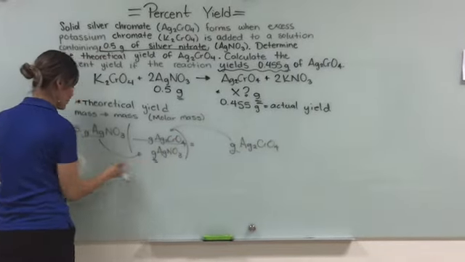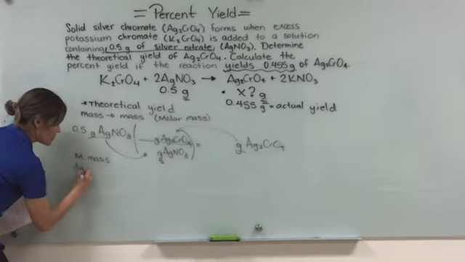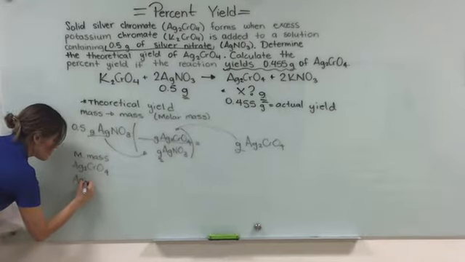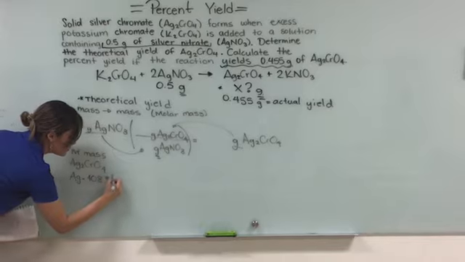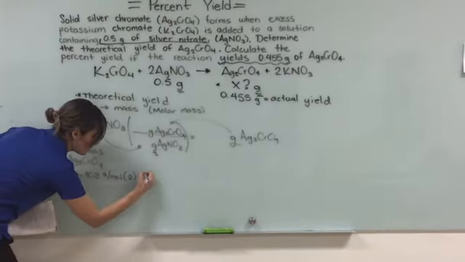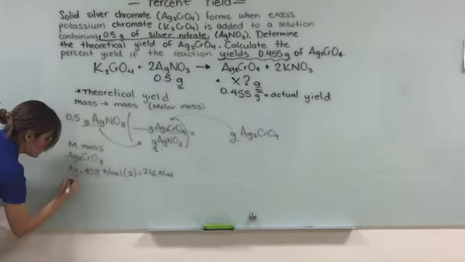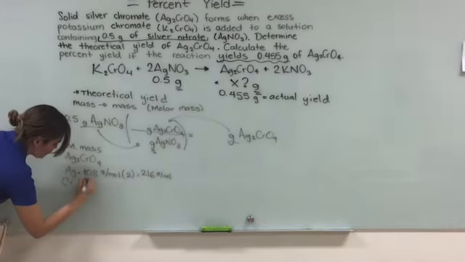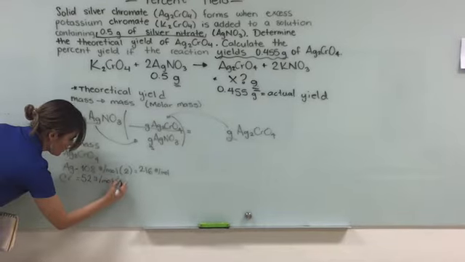As we have grams, we need to calculate molar masses. So we're going to start by calculating the one for silver chromate. Silver has a mass number of 108 grams per mole, and we're going to multiply it times 2, equals 216. Then we calculate the one for chromium, which has a mass number of 52 grams per mole, and we multiply it times 1.